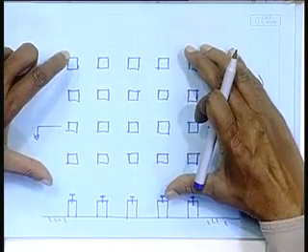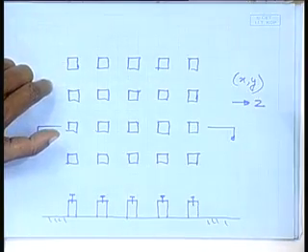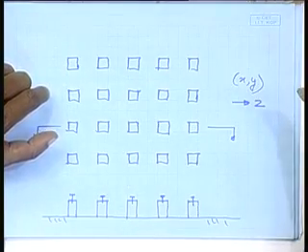All these jacks can be controlled through a computer, wherein the height operation of the jacks I can control through a computer. So I feed in all that z data, that means the height, for these xy coordinates.